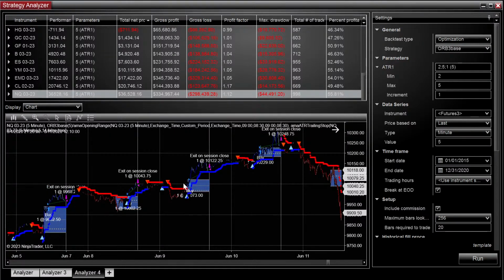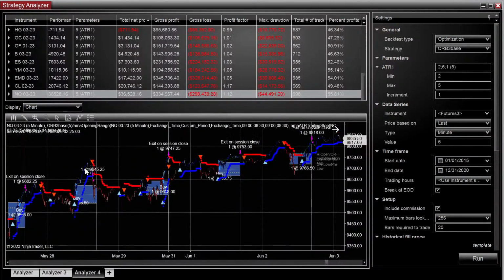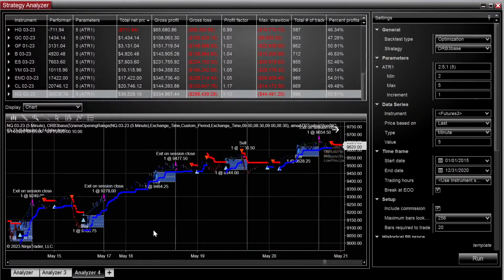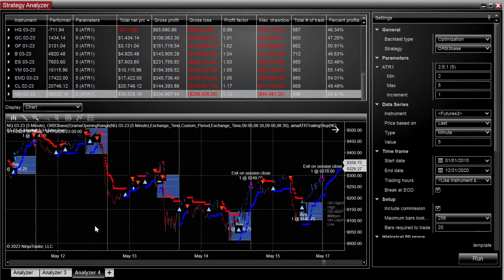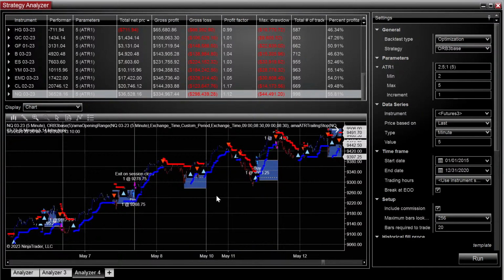You can see some of these ranges are just beautiful for the NQ. And you can also see how this strategy would benefit from a swing trading approach, but I know you guys aren't too interested in that due to the margin, and there are a lot of shitty things that come out of swing trading. But look at that swing trade there. So much profit there too. Just a lot of instances.